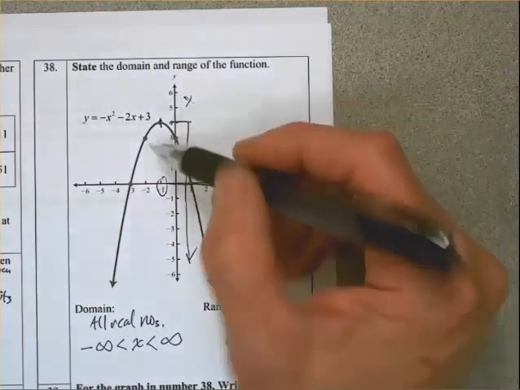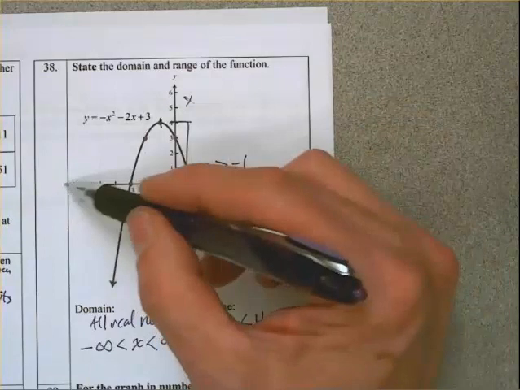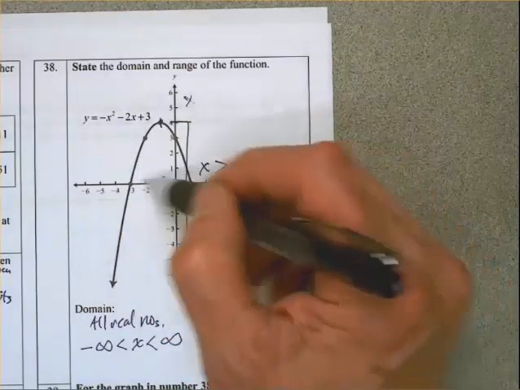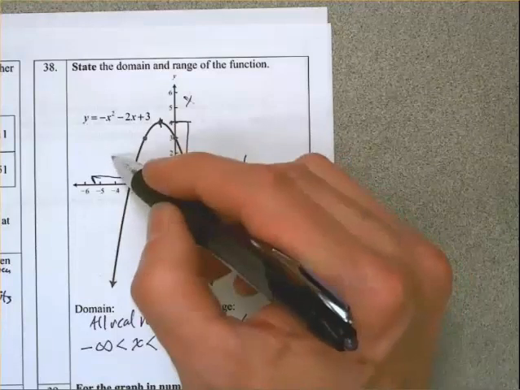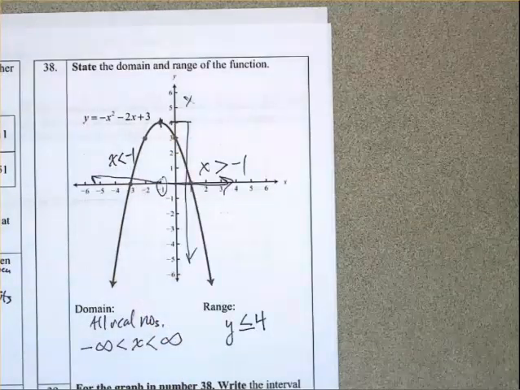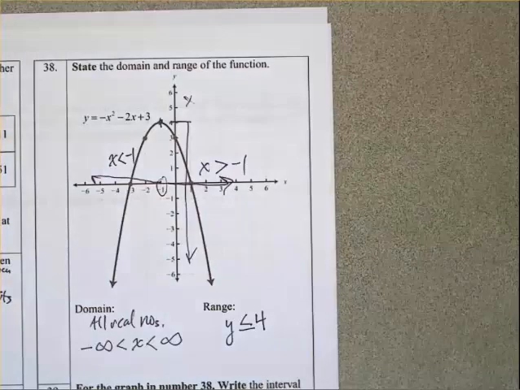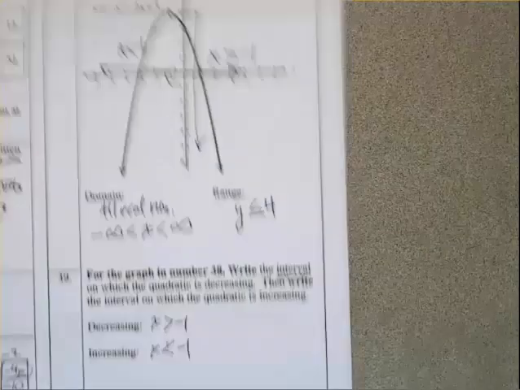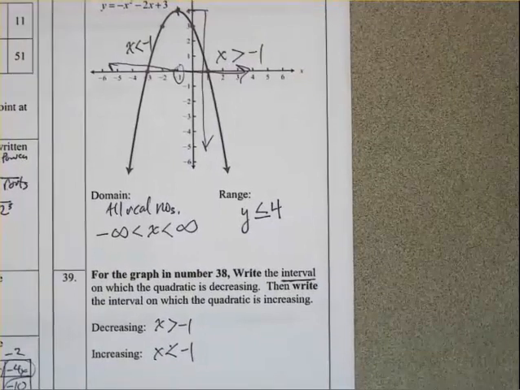The increasing part starts all the way out there and ends right there. So it is from here in that direction. So it is x is less than negative 1. That's the increasing part. Looks like that.